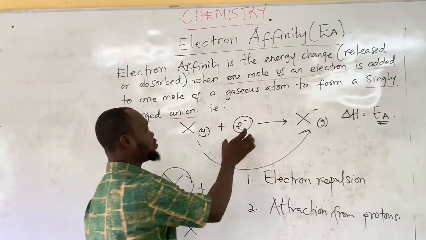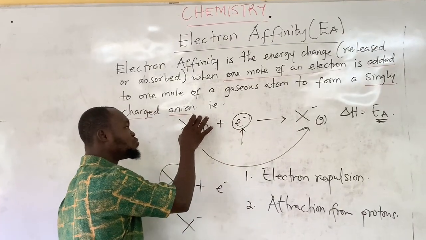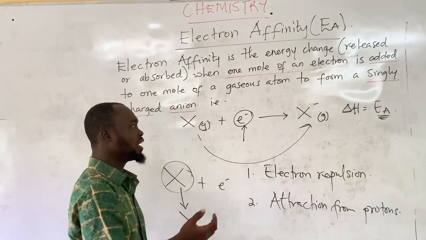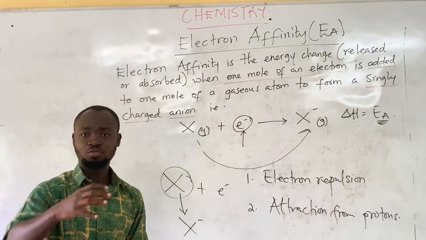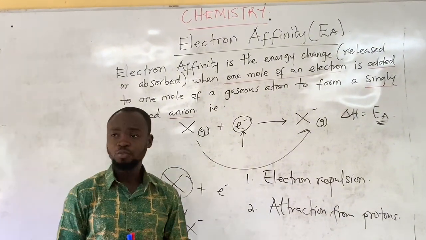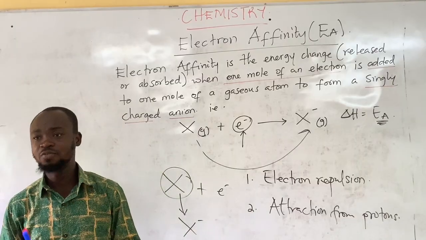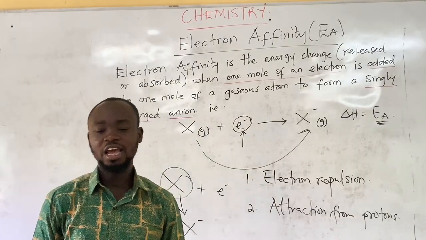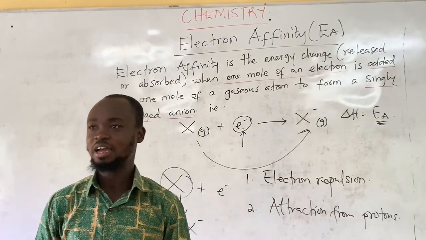If one electron is added and it is unable to attain stability, we can add more electrons until it attains stability. That is why that atom will undergo successive electron affinities. We will discuss that as well.